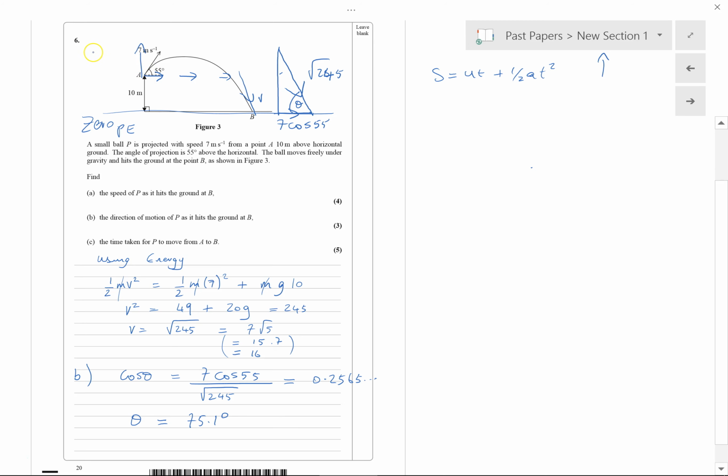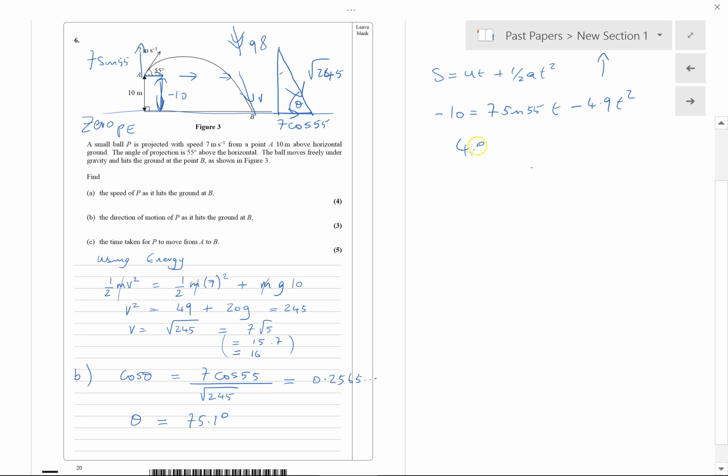The vertical component is 7 sine 55. Noting it's gone minus 10 below. So we've got minus 10 is equal to u, which is 7 sine 55 t. The acceleration is obviously minus 9.8 because it's going downwards. So that's minus 4.9 t squared.